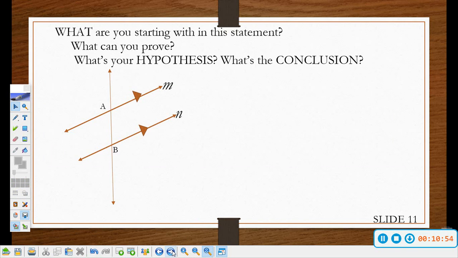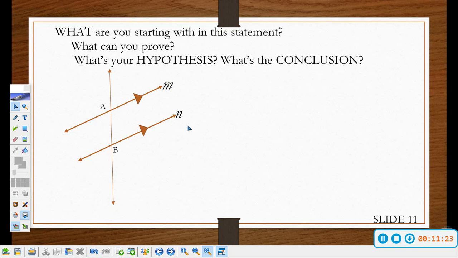So what I want you to do in slides 11, 12, and 13 is I want you to identify the hypothesis and the conclusion. Notice for this one, it's only the angles, these little marks right here, the triangles, are telling us that M and N are parallel.